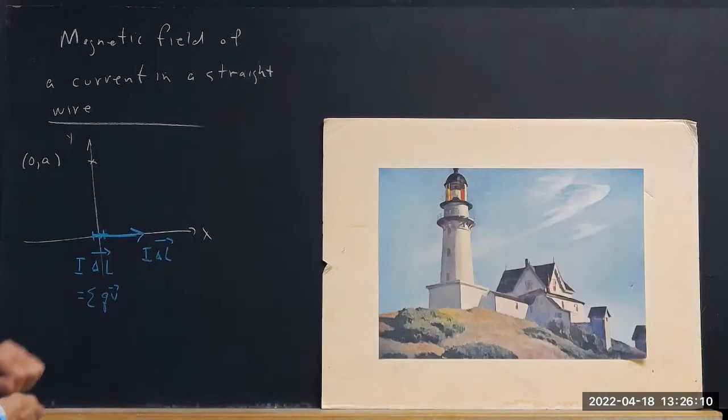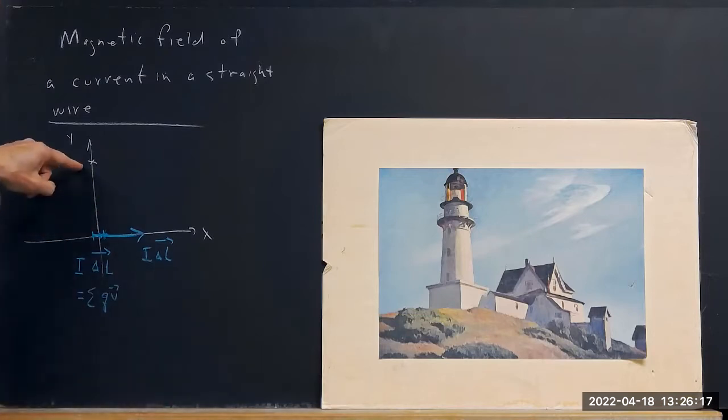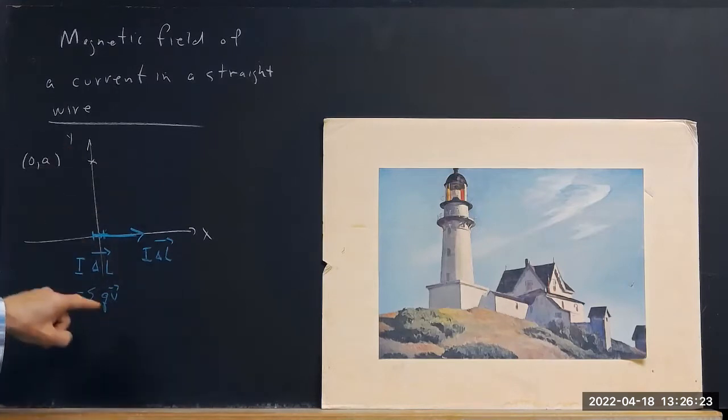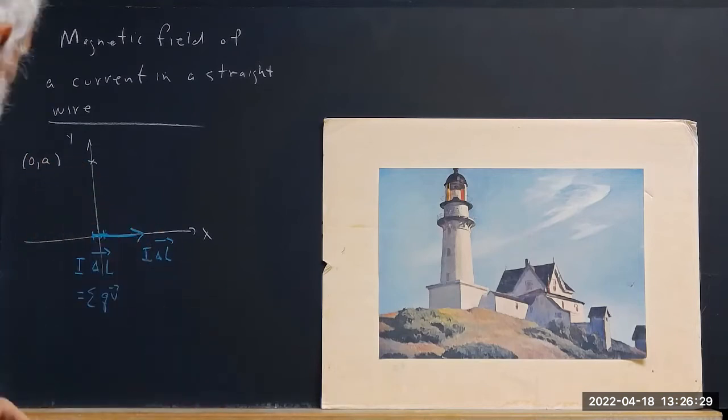Now, of course, if you have more than one charge moving at more than one velocity, each charge would produce its magnetic field at every point. So the magnetic field at a given point would be the sum of the magnetic fields of all the individual charges. That's superposition. So you want to be sure you understand that.